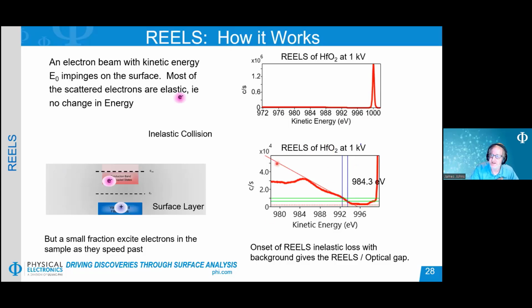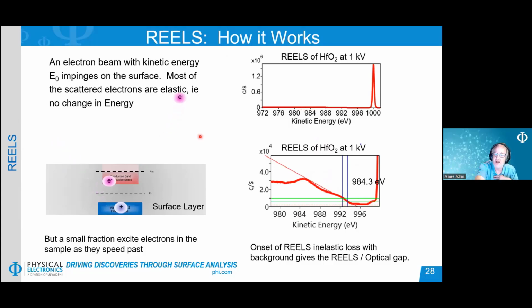But for large gap materials, or really strong insulators, REELS is a powerful technique that can analyze systems that UPS and LIPES struggle with. One other thing that I want to point out along those lines, right?